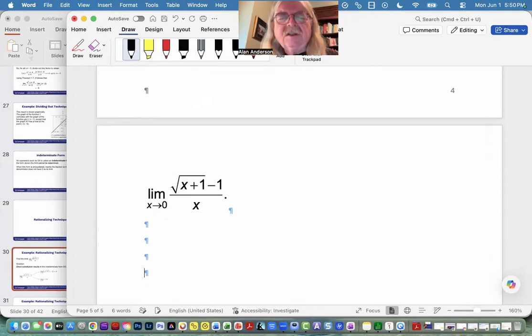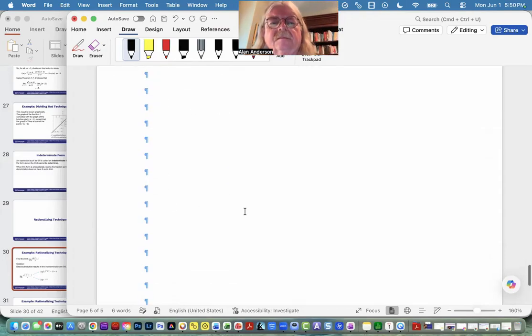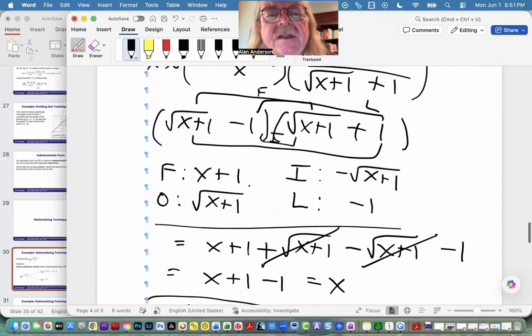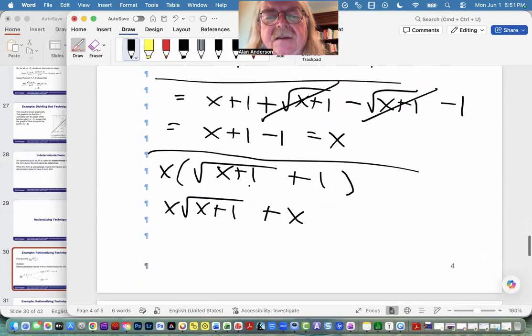All right, so we're going to substitute in the results that we just found. So remember, the numerator reduced very nicely to x.